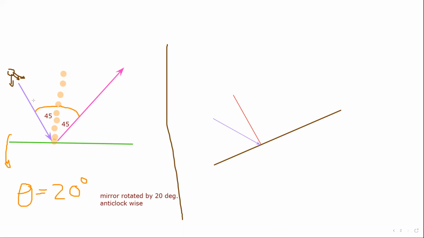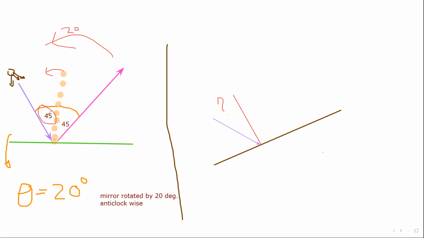What will happen for this angle? Does it increase or decrease? It was 45. And when the mirror rotated anti-clockwise in this direction, again, what will happen for the angle of incidence? It was 45. What will happen in this case when the mirror is rotated by angle 20? It will increase by 20 or decrease by 20? The normal line rotated, and this is fixed, it doesn't change.